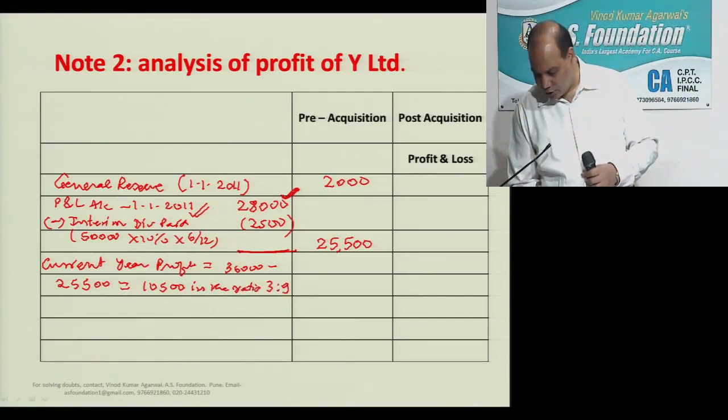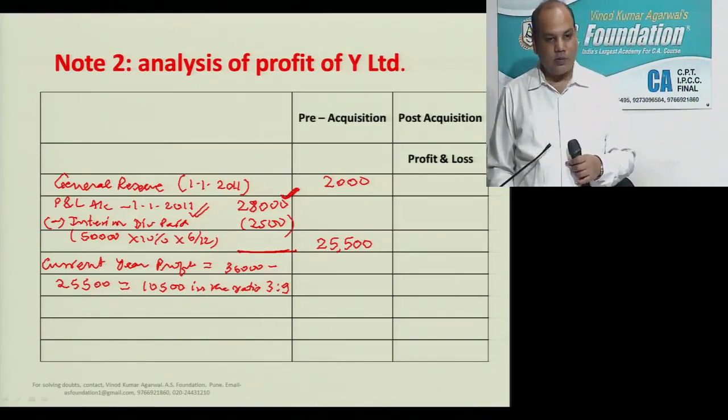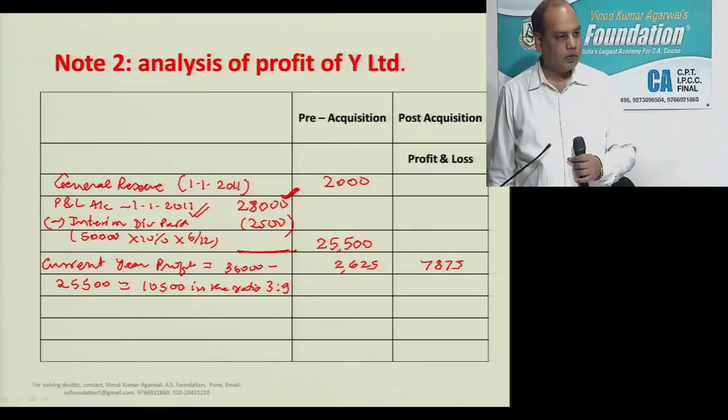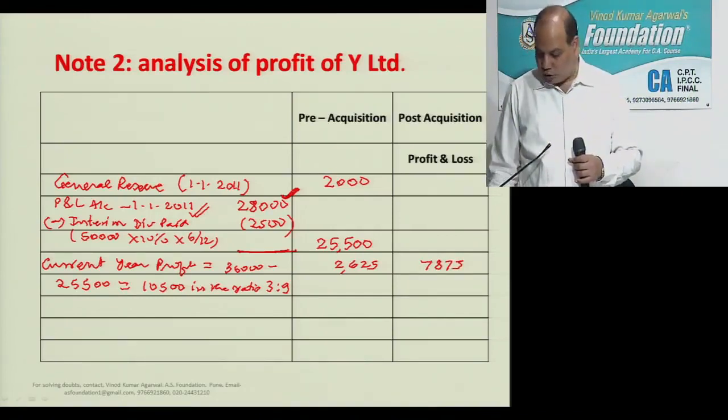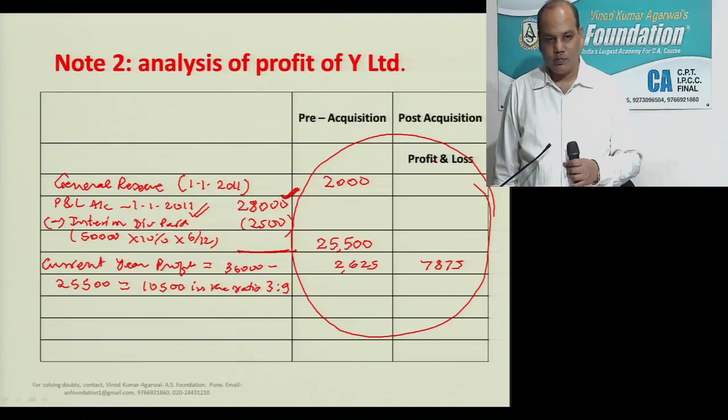I am writing in detail everything. You'll understand afterwards also. So divide this 10,500 in the ratio of 3:9, 2,625 and 7,875. Is it right? Now if you take the total of these four numbers, it will come to 36,000.